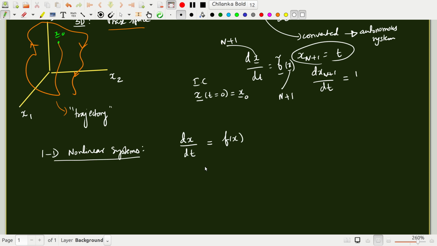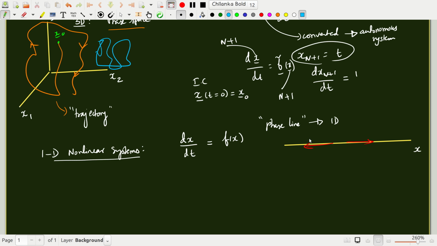Now in this case, the phase space becomes, in one-dimensional systems, a phase line, because in 1D there is only one variable x, and there is nothing much you can do. You can either go forward or go backward, unlike in three-dimensional space, where, as I've indicated here, you could go in any complicated path; that is not possible in 1D.